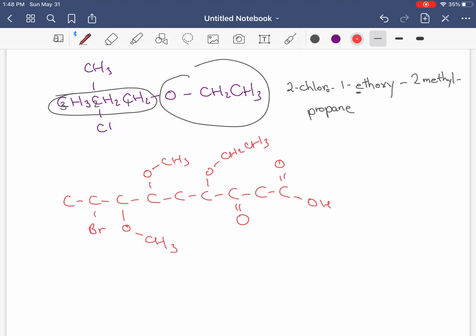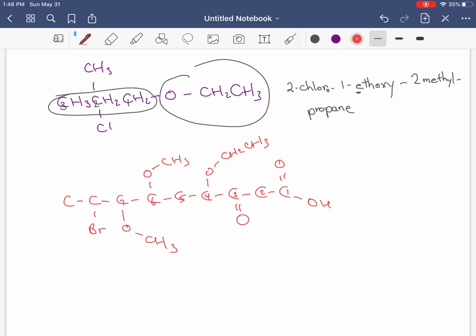How about bromine? Yeah, you like that? And yeah, that's it. I'm just trying to illustrate ether here and not try to kill you on everything else. So here it is. Be glad this is a carboxylic acid, because we know that this guy is always going to be number 1.